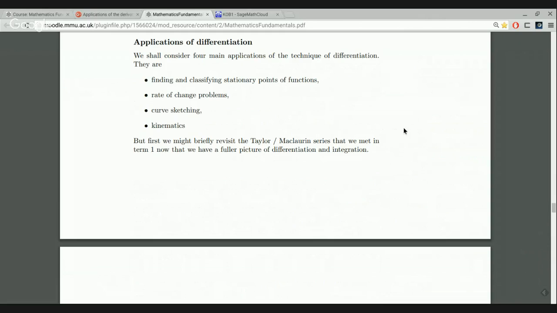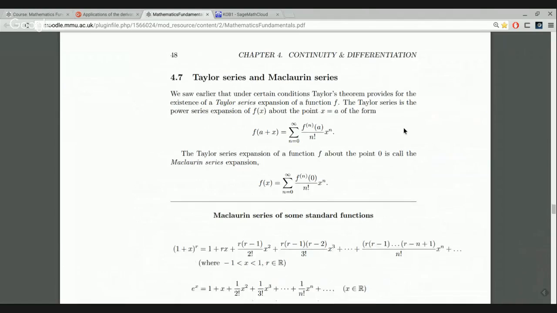We'll also do a little bit of material on kinematics, which is some simple modeling of the motion of objects in the presence of forces or accelerations.